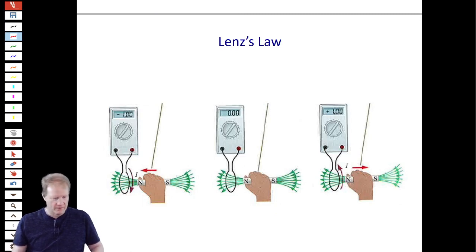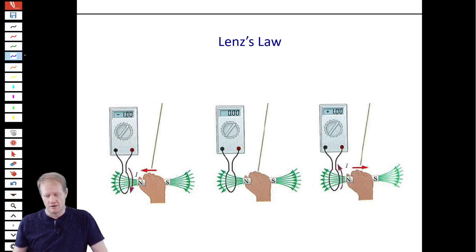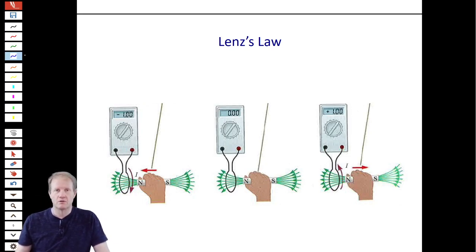Okay, now I told you don't worry about the negative sign too much. There's a law called Lenz's law, whose sole purpose is just to help you get the sign right, or the direction of the current right, when you're using Faraday's law. So here's Lenz's law.